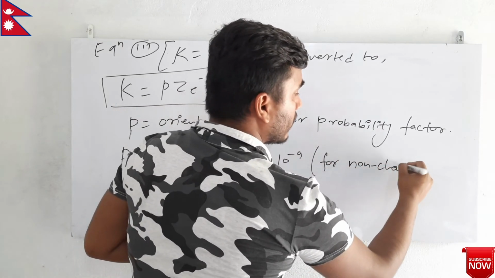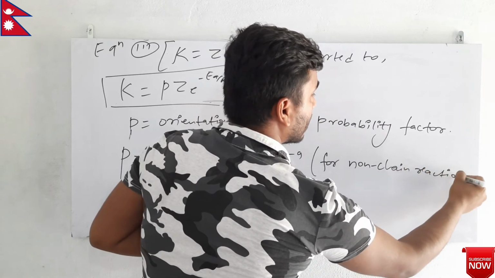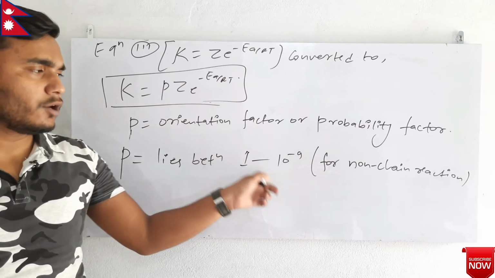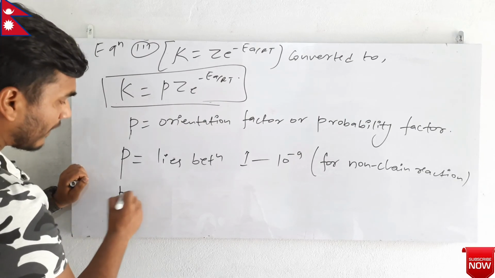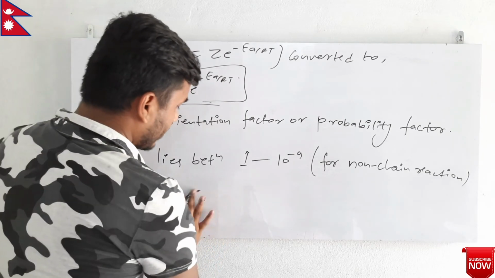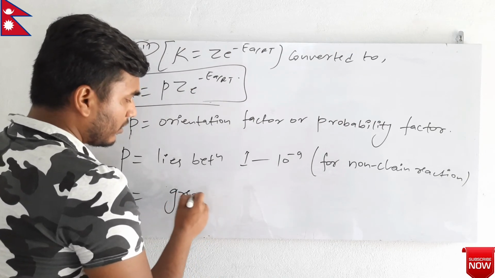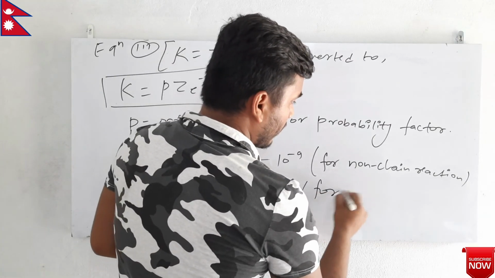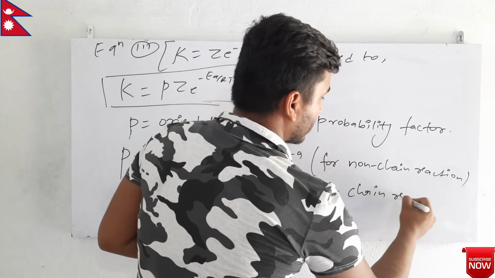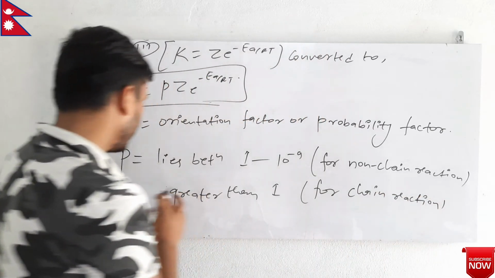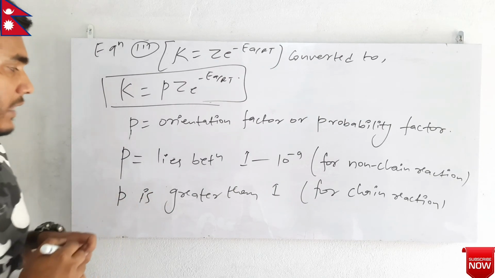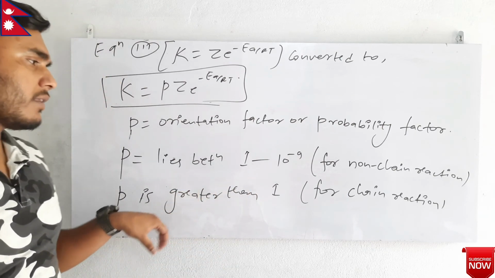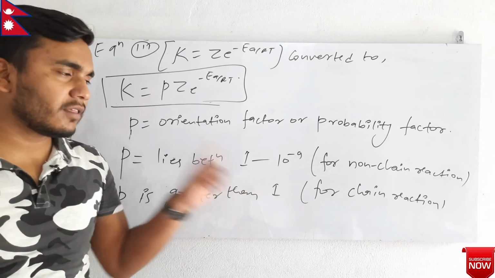For non-chain reaction, the value of this probability factor or the orientation factor is between 1 and 10 to the power minus 9, and the value of P is greater than 1 for chain reaction. So from this we can see that for non-chain reaction the value of P is less than 1, but for chain reaction the value of P, that is probability factor, is greater than 1.